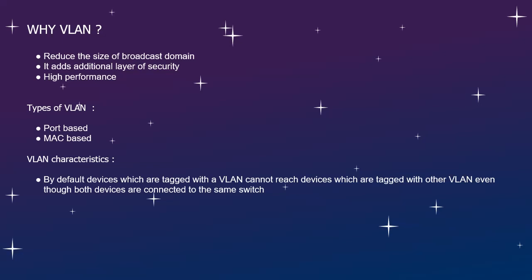And one of the key characteristics of VLAN is this: if I have a device tagged to a specific VLAN, and another device tagged to another VLAN, those two devices will not be able to speak to each other even though they are part of the same switch or same network. So that's the VLAN characteristic.